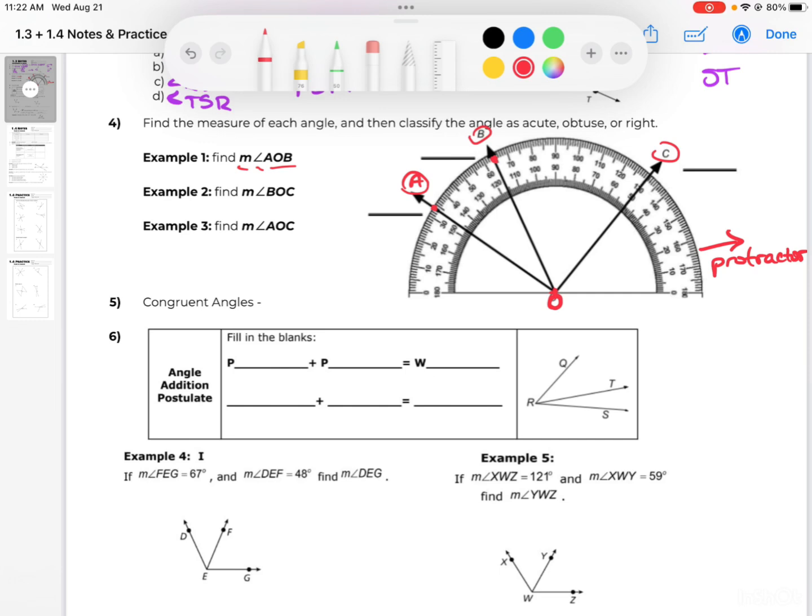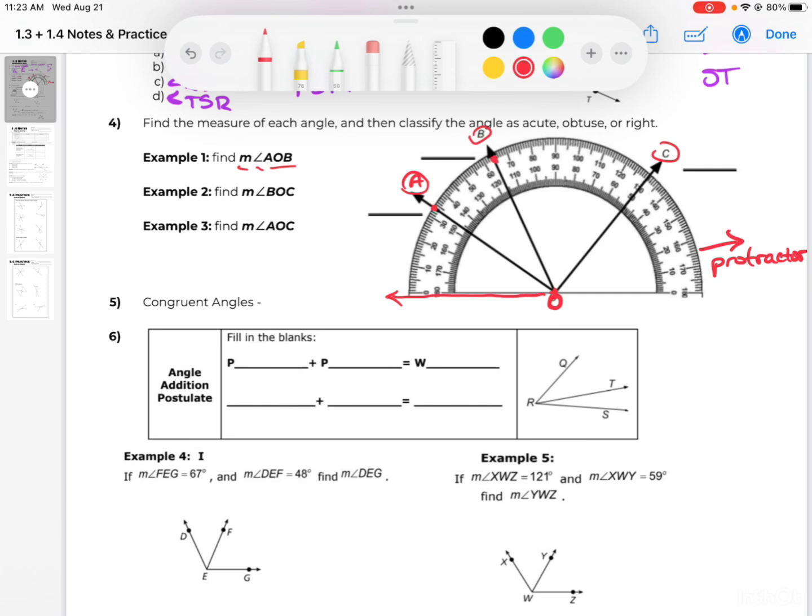And so the way we do that, you have a couple ways, but neither one of these rays lies down here on the 0 line. Neither one of them is there. And so what we want to do is find what they measure and find the difference between those. And when we were talking about difference and distance last class, we were talking about how it's an absolute value and how that's going to always give us a positive answer.